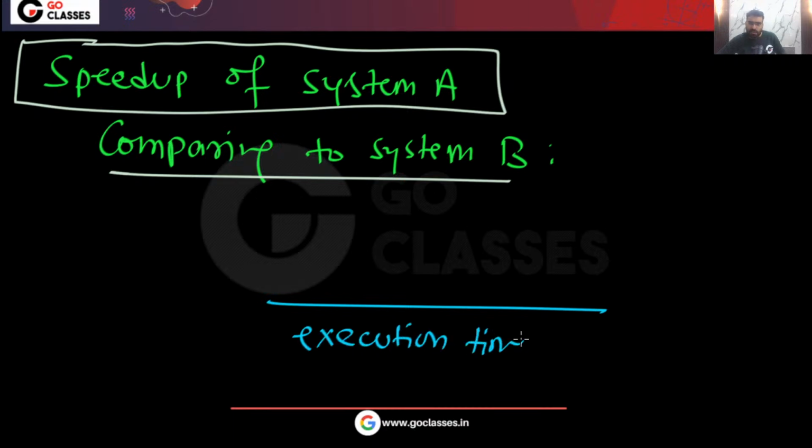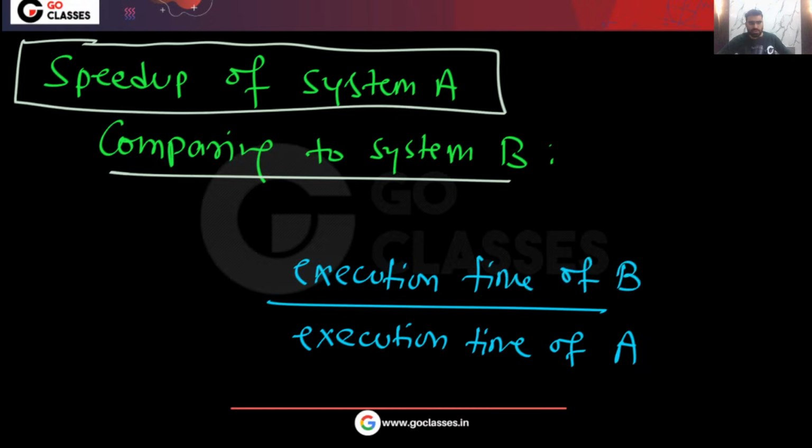So the speed up is the execution time of B divided by the execution time of A. This is the expression for the speed up of system A, which you want to calculate compared to system B.